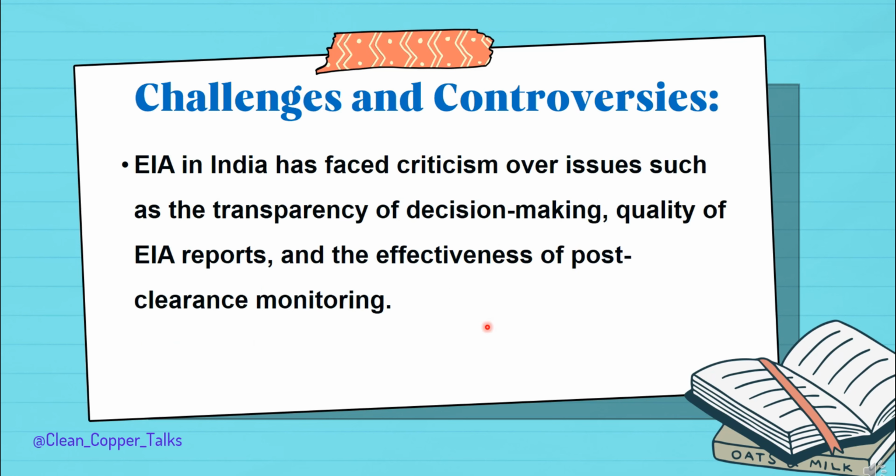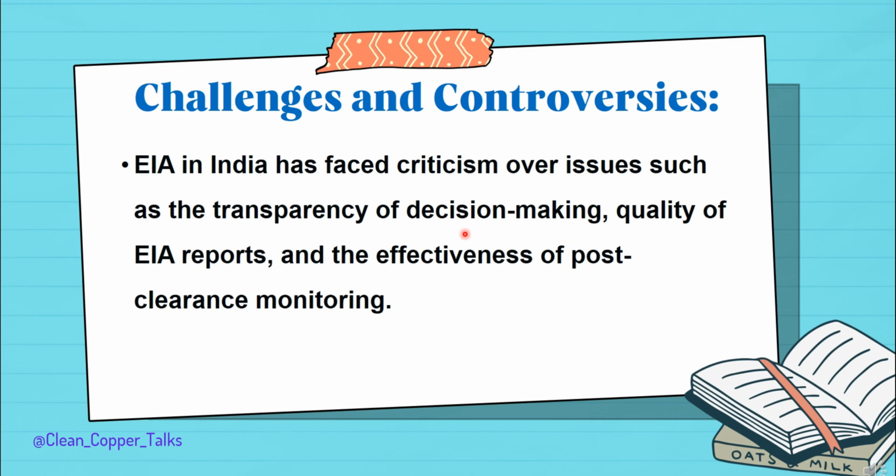EIA in India faced many criticisms over issues such as transparency of decision making, quality of EIA reports, and the effectiveness of post clearance monitoring. All the rules and regulations discussed so far look very good on paper, but when you go to the field level, all these things are not reflected 100%, and hence there is criticism that they lack transparency in decision making.